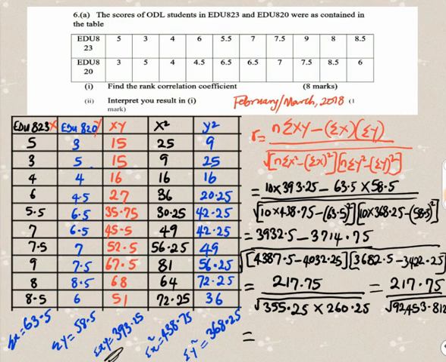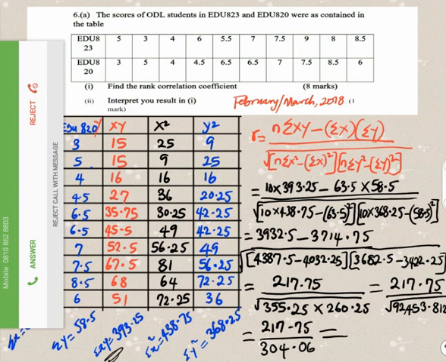All right, let's find the root of that. Okay, this will be equal to 217.75 over the root of 92,453.8125, which is approximately 304.06.